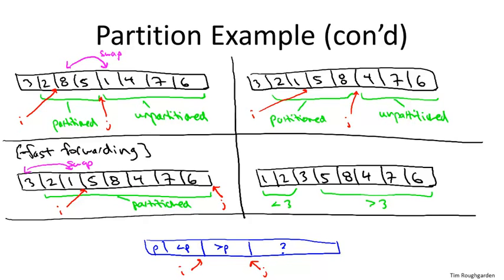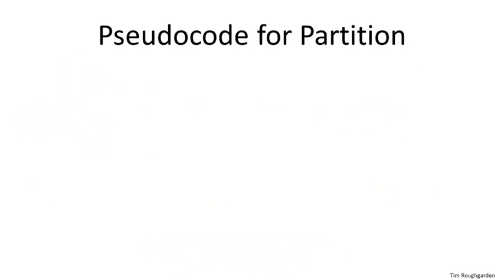But just to make sure the details are clear, let me now describe the pseudocode for the partition subroutine. So the way I'm going to denote it is there's going to be an input array A, but rather than being told some explicit length, what's going to be passed to the subroutine are 2 array indices: the leftmost index, which delineates the part of the subarray you're supposed to work on, and the rightmost index.